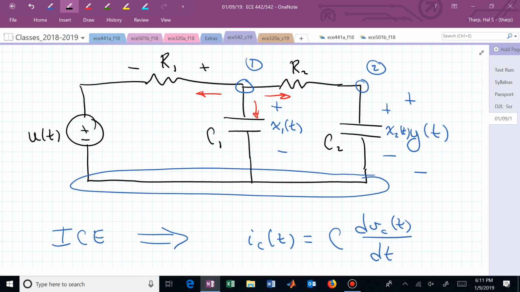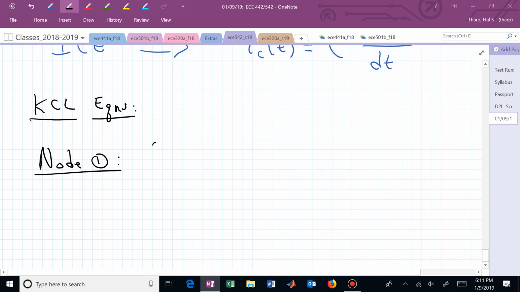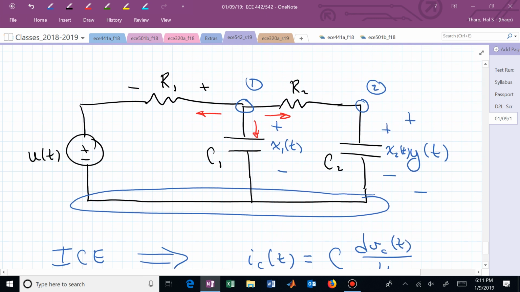That drop, and then I divide it by R1. That gives me the current going to the left through that branch, R sub 1. Here then I have x1 of t minus u of t over R1, and that's the current going to the left out of node number 1.